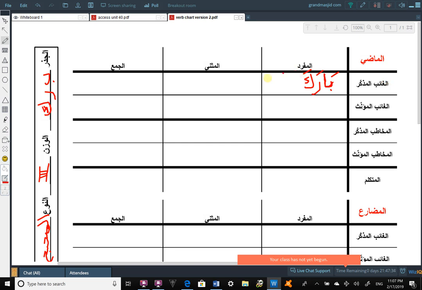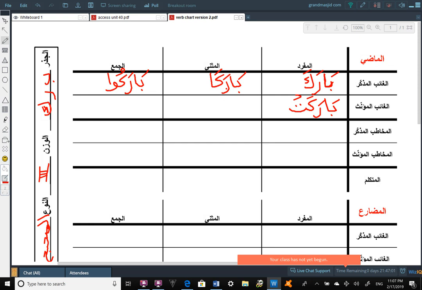We want to make it dual, we just add an aleph. Baraka. We want to make it plural, we add the waw, the jama'a. We say baraku. Here we want to make it feminine, barakat. She blessed. Those 2 females blessed.